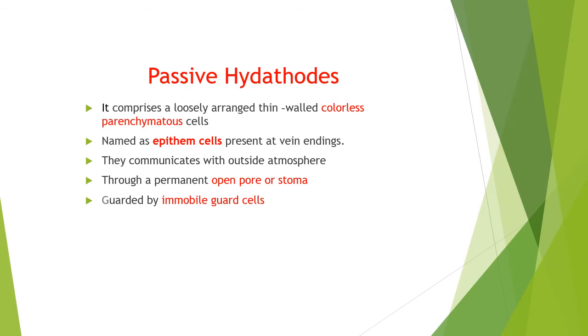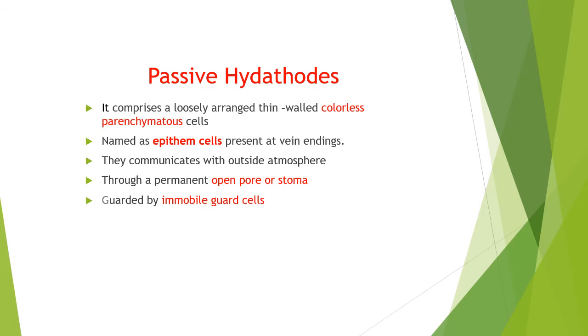And the second one is called the passive hydathodes. It comprises loosely arranged, thin-walled, colorless parenchymatous cells, named epithem cells, present at the vein endings. So there are the transfer cells, and here are the epithem cells, which are colorless parenchymatous cells. They communicate with the outside atmosphere through a permanent pore, which is the open pore or stoma, guarded by immobile guard cells.